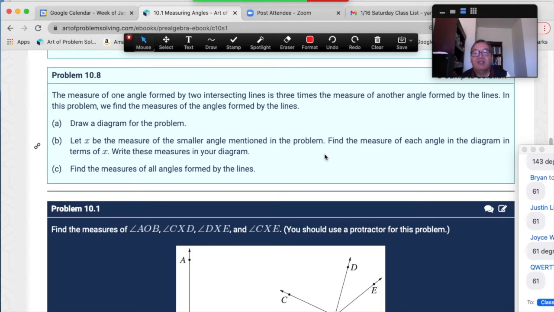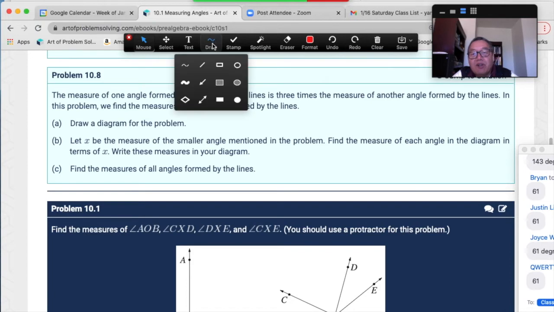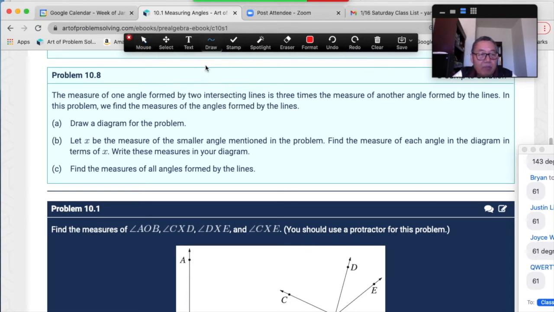Okay, so to solve math problems, especially geometry problems, drawing the graph is most important. So first, you need to draw the two lines, the measure of one angle formed by two intersecting lines.